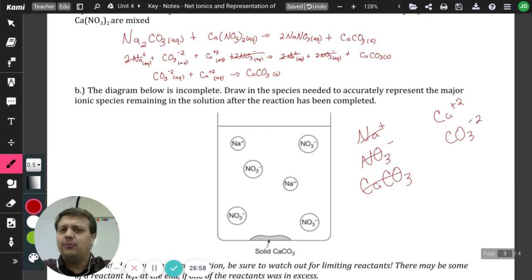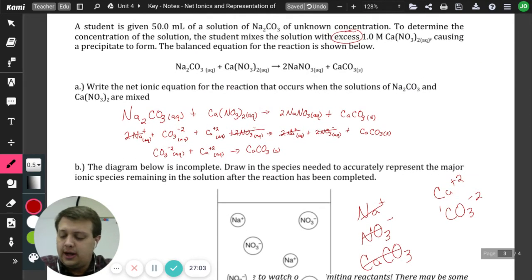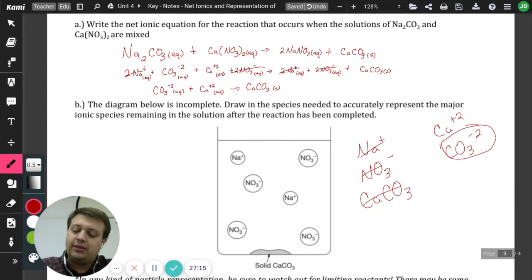So what that tells me is that I would have used up all of my carbonate. Why? Because my carbonate, that sodium carbonate, was not in excess. There was a set amount of it. The calcium nitrate we did have excess of. So what that tells me is that the carbonate cannot be an ion in there.